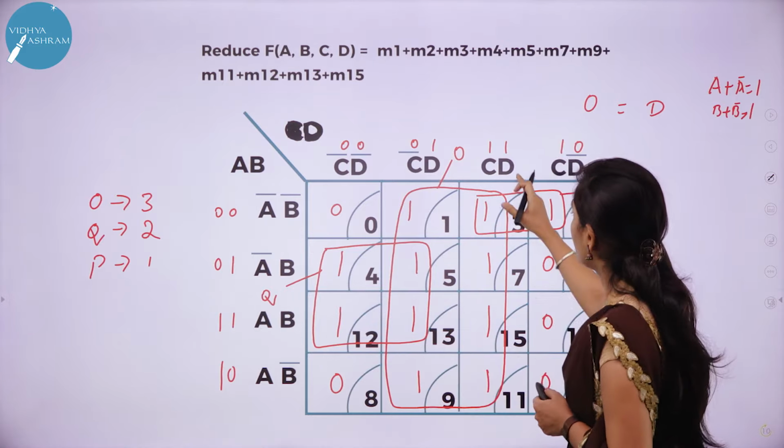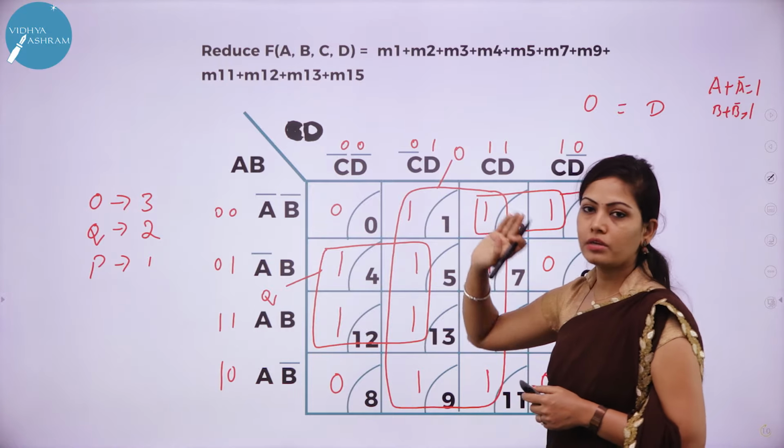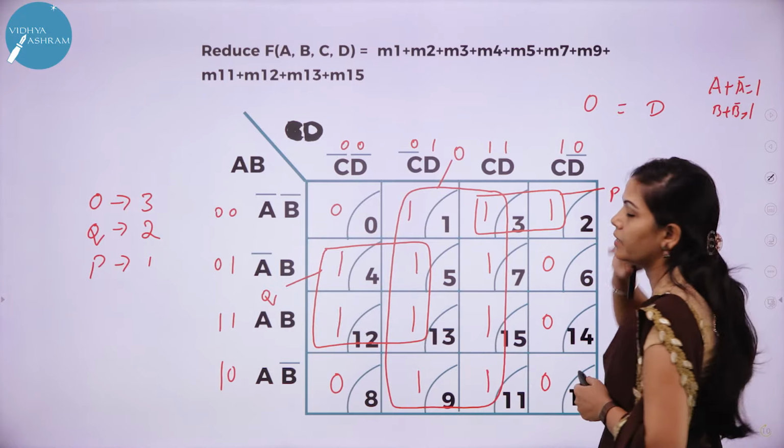So for the octet we have only one common variable, that is D.